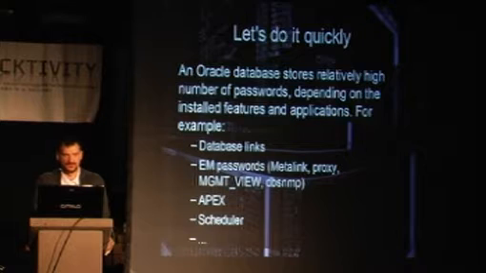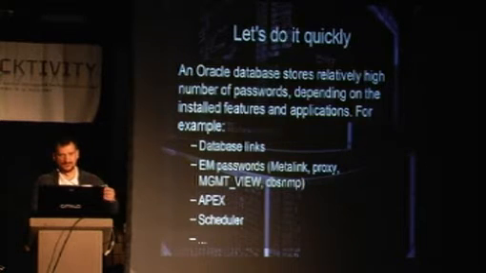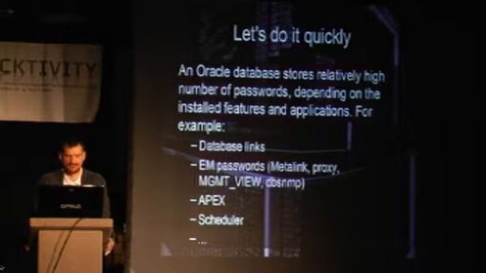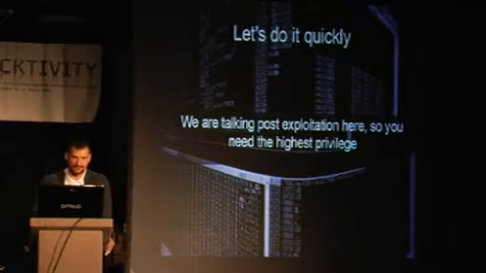The EM passwords, Metalink is also encrypted, which is a username and password to Oracle's website. Here you can set a web proxy password or some database user passwords. Apex is also encrypted. The remote job scheduler stores passwords here, for instance.